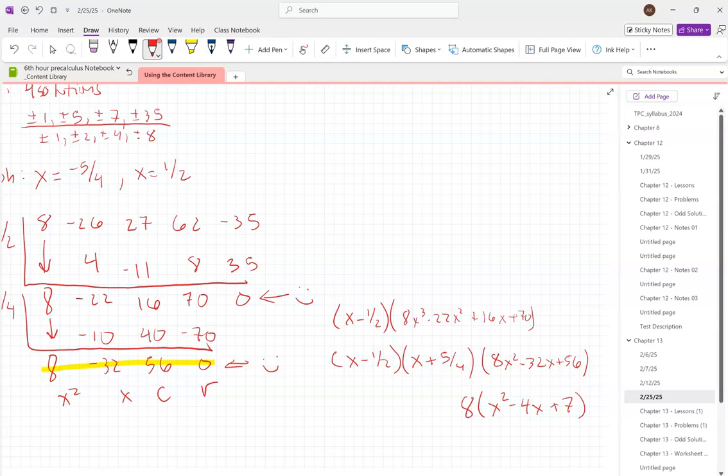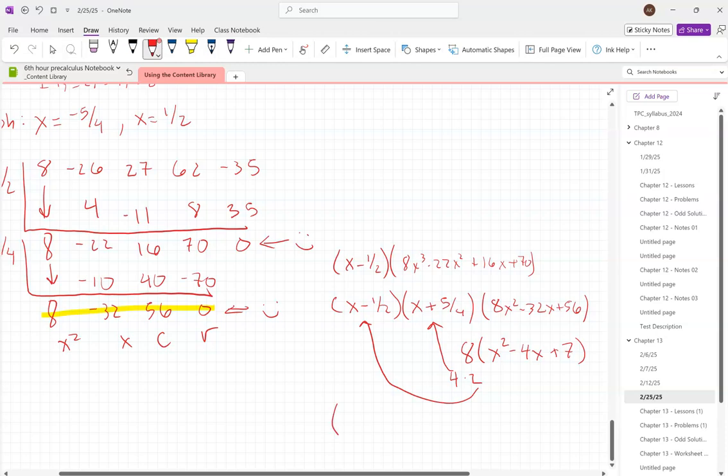And now if I'm solving, I don't really need to worry about this. But if I want the factored form of this polynomial, what I would probably do is think about 8 as 4 times 2, and I'll multiply the 4 into that one and the 2 into that one.